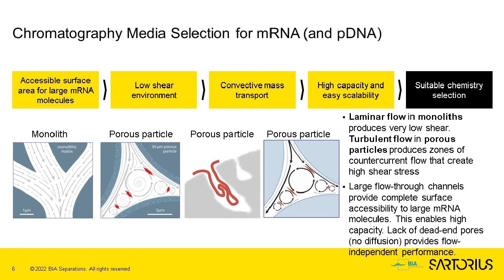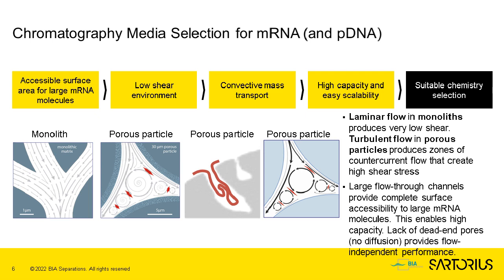And so we need to use a different chromatography concept, one that is better suited to a molecule of the size of mRNA, and this is where chromatography resins based on wide interconnected flow channels that are modified with suitable ligands come into play.